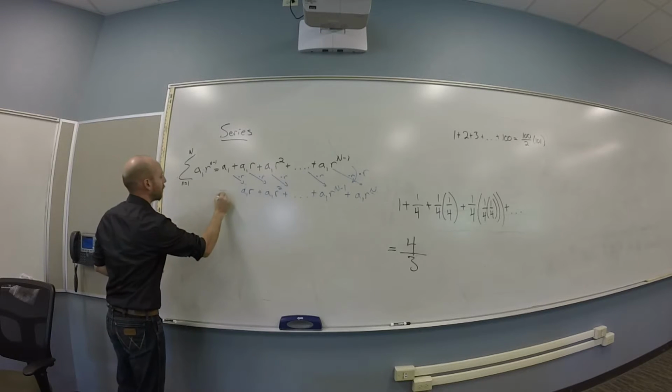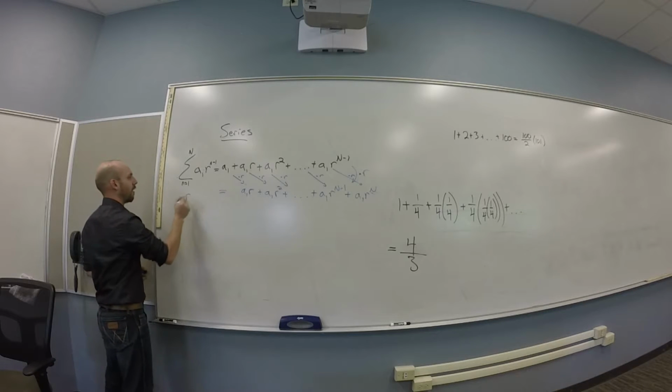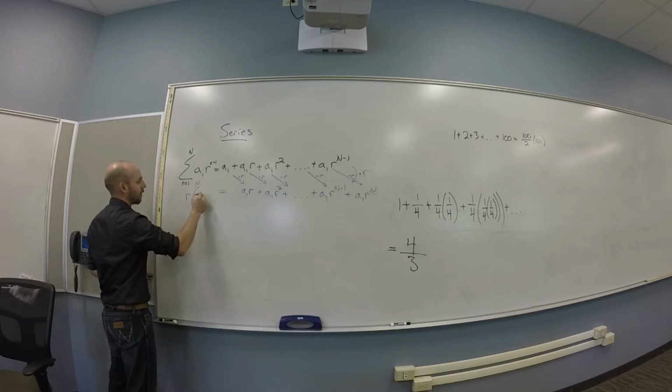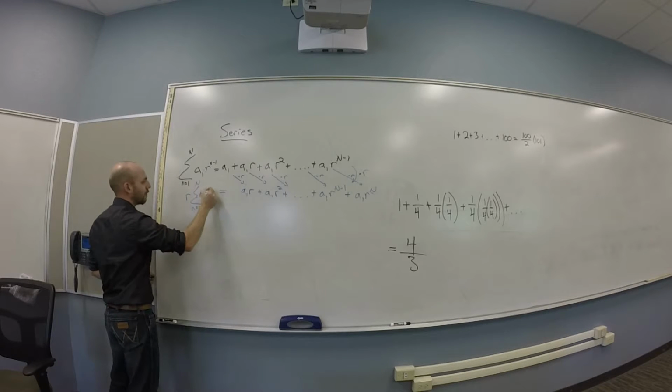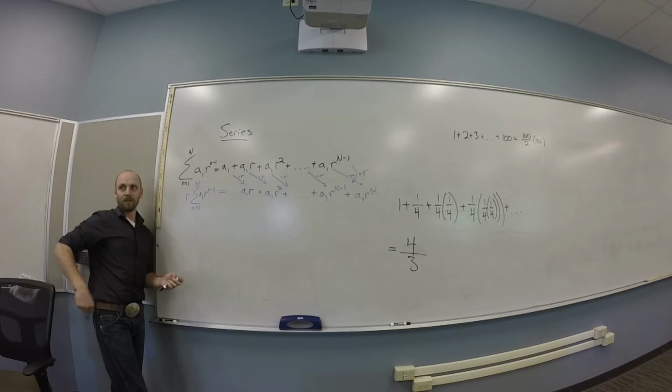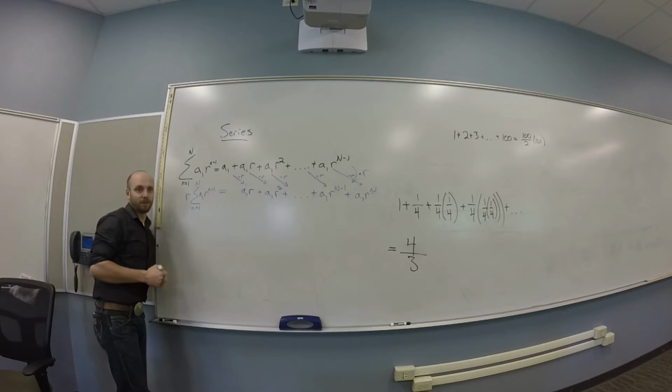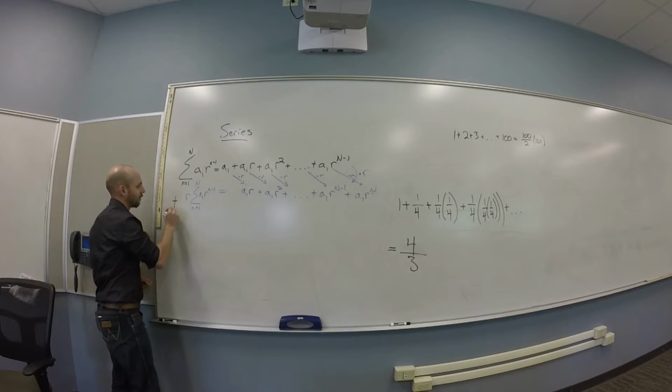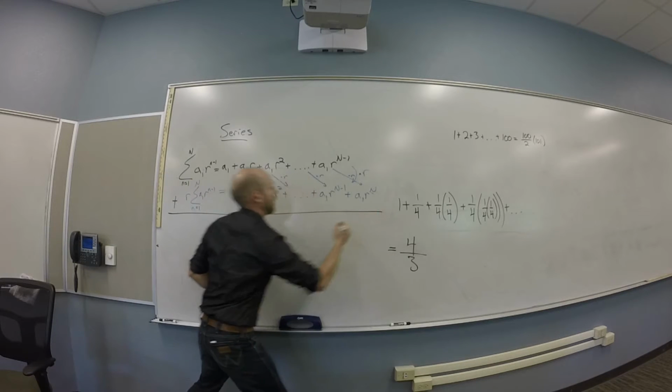And really what I'm talking about over here is r times this sum from n is 1 to capital N of a1 r to the n minus 1. Cool? And then my trick is going to be I'm going to add those two rows together.